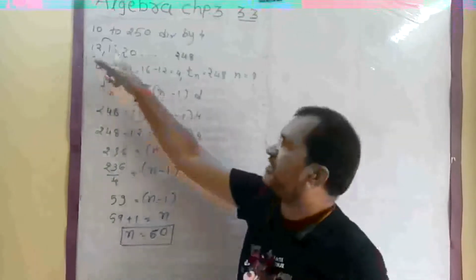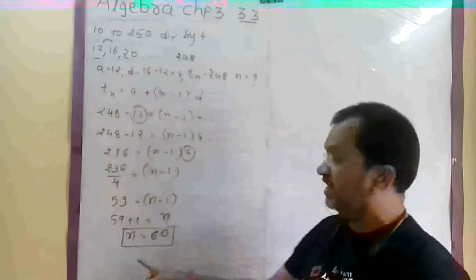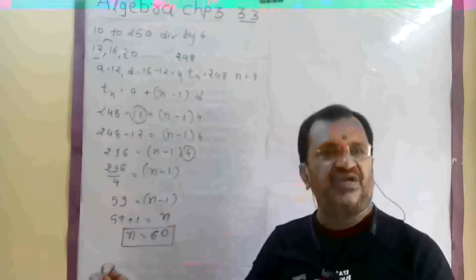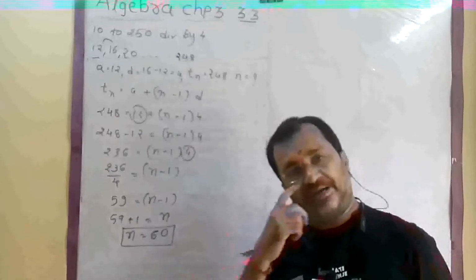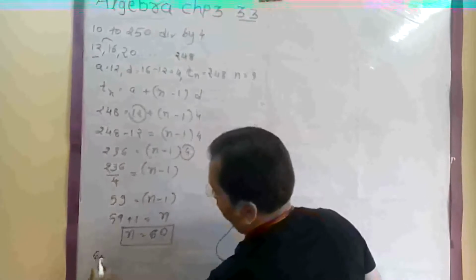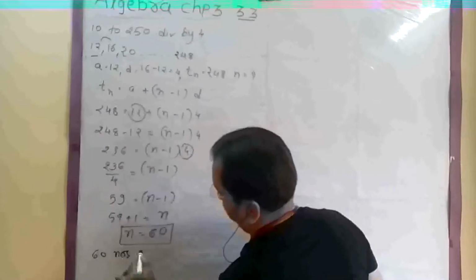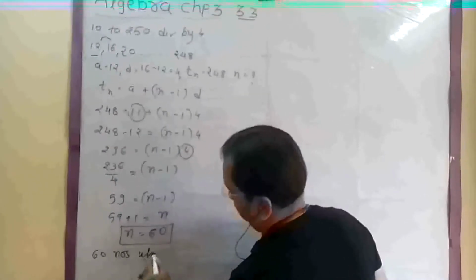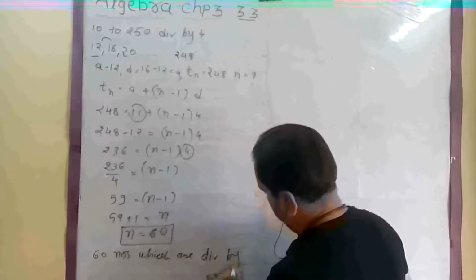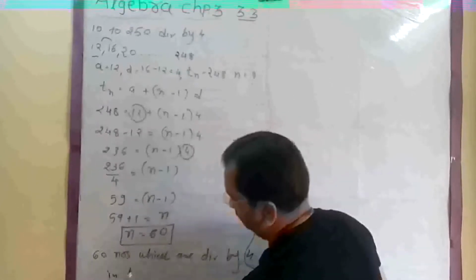This is the first number, second number, third number. How many numbers? There are 60 numbers from 10 to 250 which are divisible by 4 in between.